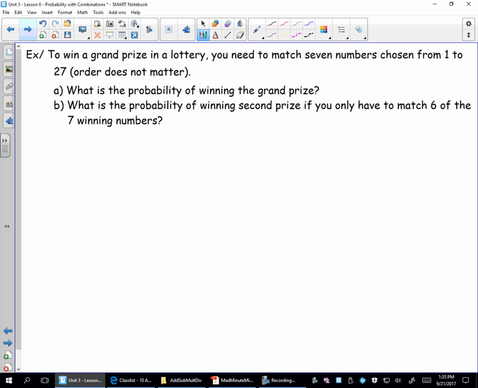To win a grand prize in a lottery, you need to match 7 numbers chosen from 1 to 27, and order doesn't matter. So what you pick, who cares what order you pick them in, what matters is what's on your card. I want to win the grand prize. What's the likelihood of winning that? Well, how many different ways are there of picking my numbers? 27 numbers to choose from, and I pick 7 of them.